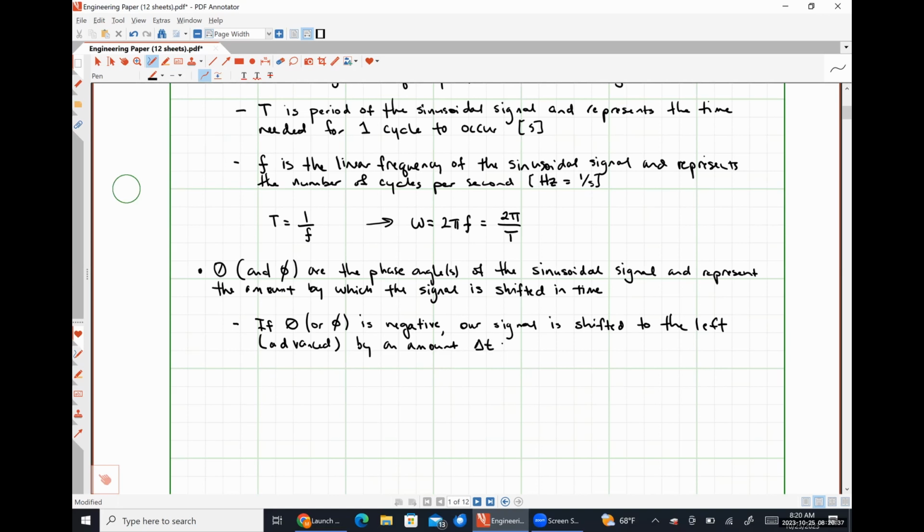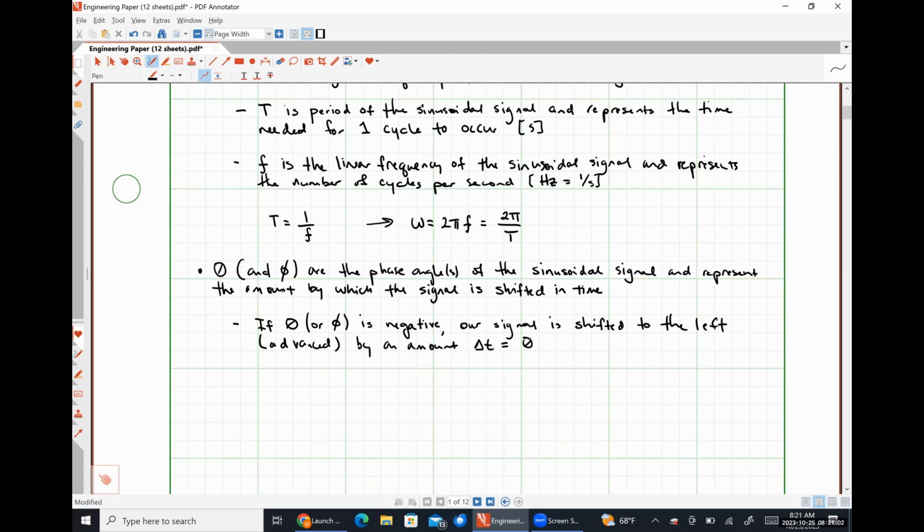Call this delta t. It is going to be equal to our phase angle. Actually, let's use theta, right? So that is an angle measured in radians for now.